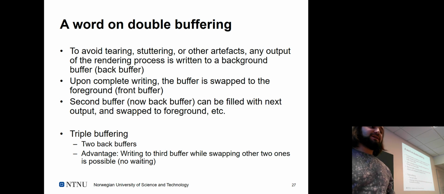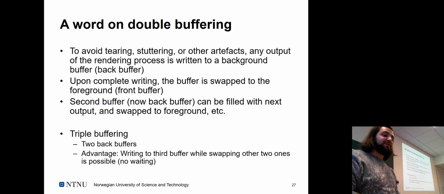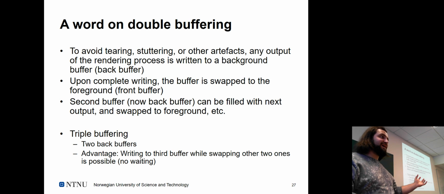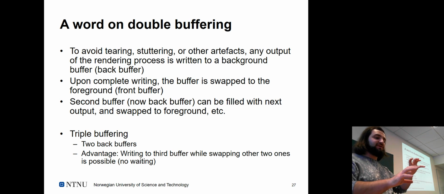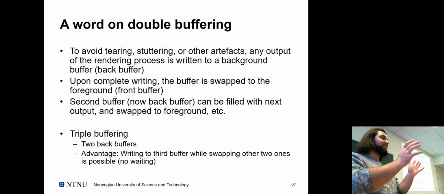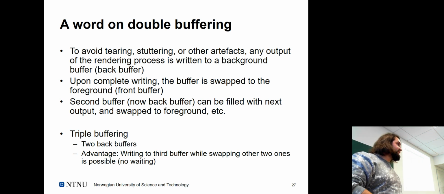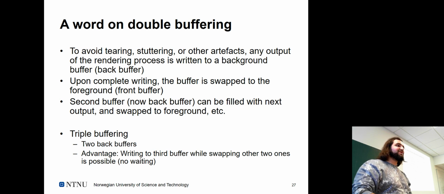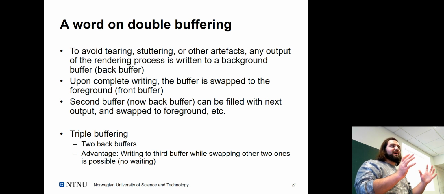So to avoid this, or stuttering in transition or any other visual artifacts, we need double buffers. It's not really reliable to write directly into whatever is displayed. So we have, as already mentioned, a buffer in the background.